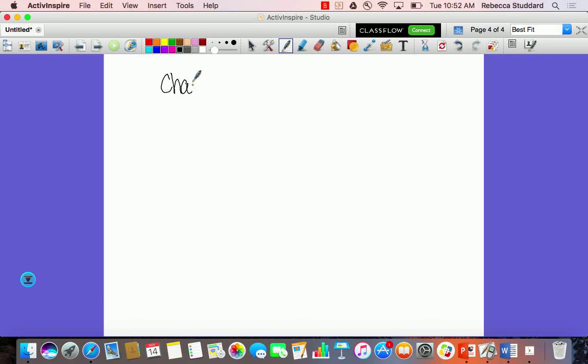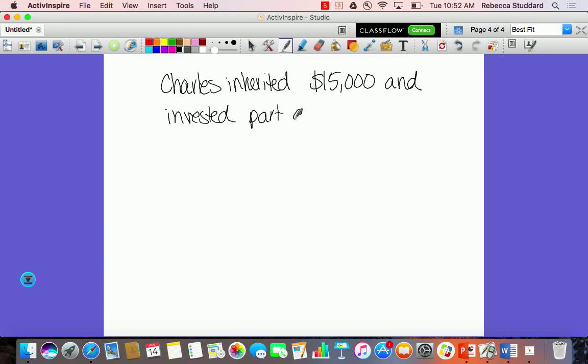Charles inherited $15,000 and invested it part at 4% simple interest and part at 5% simple interest.